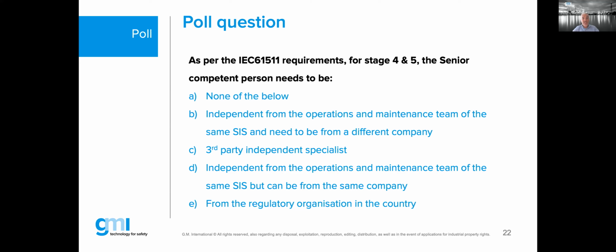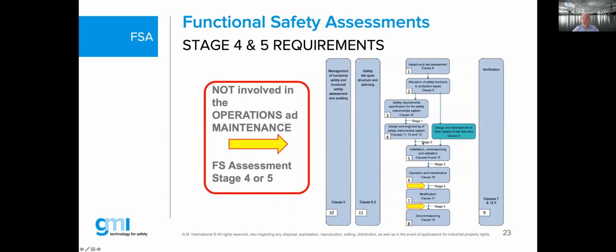In the life cycle, it comes right after installation, commissioning, and validation. It is a stage, but that stage needs to be assessed as stage number 3. So the phase itself is called installation, commissioning, validation, but it is stage number 3 that will assess it. I can show it to you now.